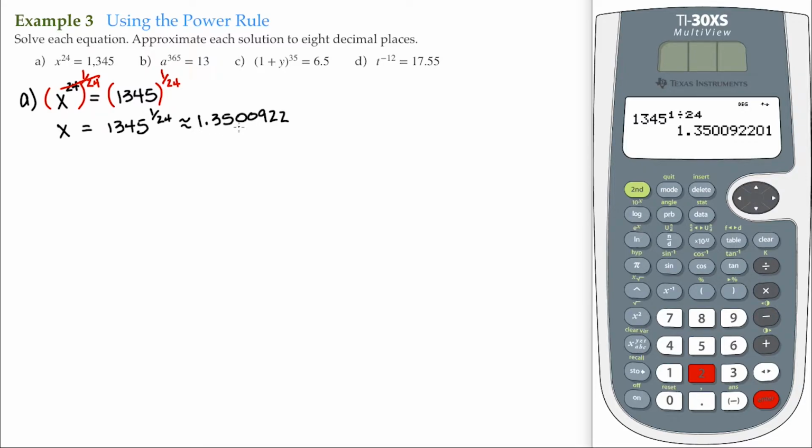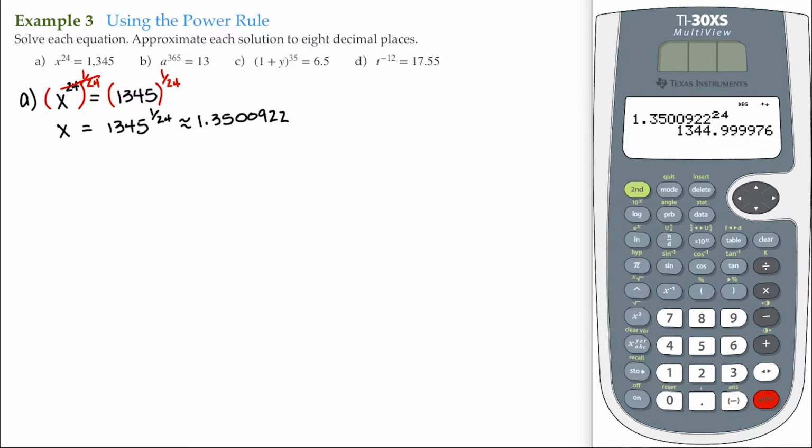So 1.3500922 raised to the 24th power is going to give me 1,345. I'm going to check that. I'll clear this for a second and type in 1.3500922, and raise that to the 24th power. Hit enter. Now I'm never really going to get 1,345 exactly because I'm rounding this to 8 decimals, but it's pretty darn close.